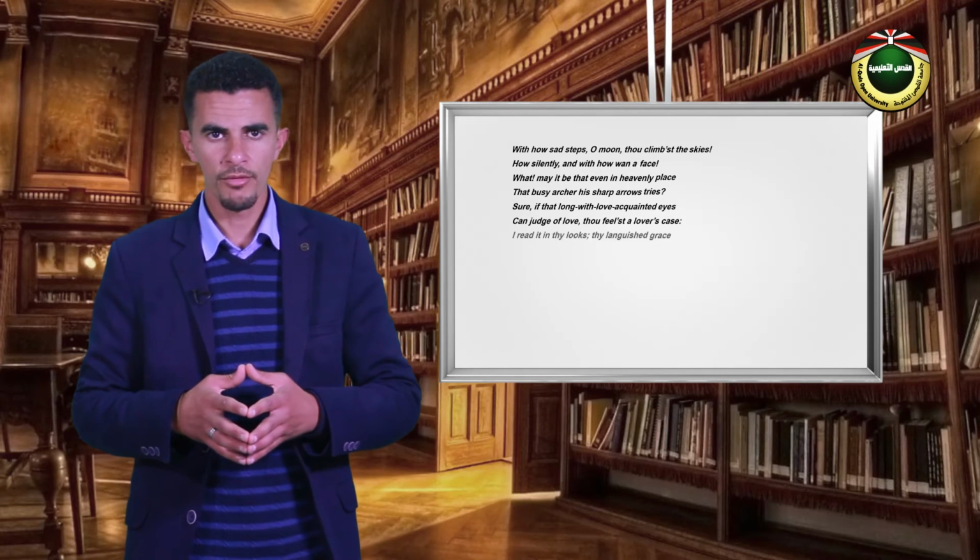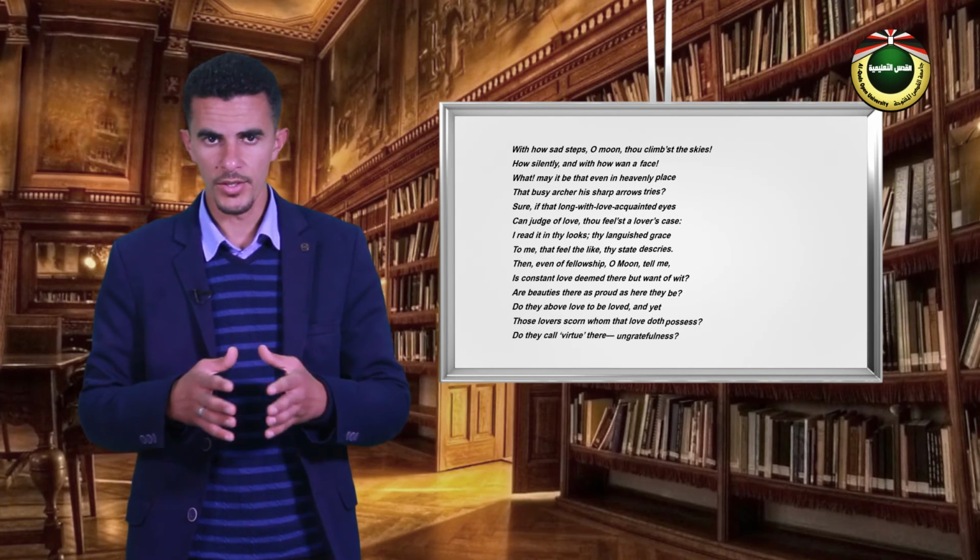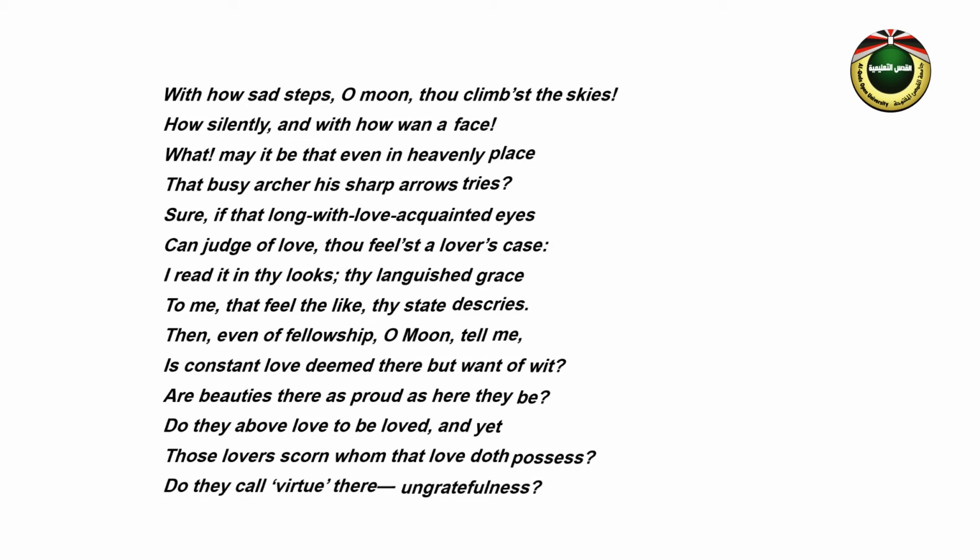Now, let's read the following poem, and then let's tell what type of poem it is. With how sad steps, O moon, thou climb'st the skies, how silently, and with how wan a face. What? May it be that even in heavenly place that busy archer his sharp arrows tries? Sure, if that long-with-love-acquainted eyes can judge of love, thou feel'st a lover's case.